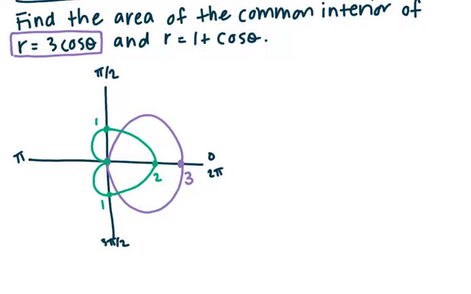Okay, so we want to figure out this common interior area, right? So if we were to shade in the green and shade in all the purple, where are they overlapping? In this region here.